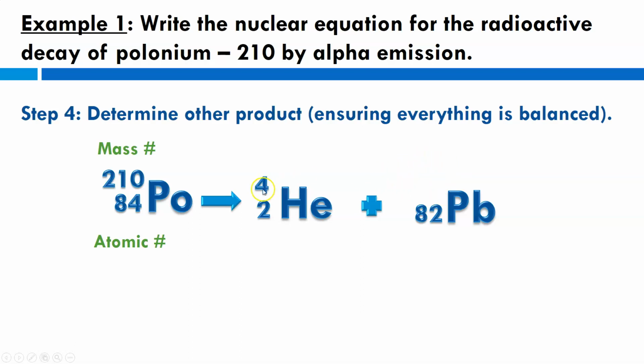What do I add to 4 to get 210? 206. So this is the daughter product. My polonium-210 released an alpha particle, and the piece that was left over is a lead atom. Remember, the name, the identity comes from the number of protons.